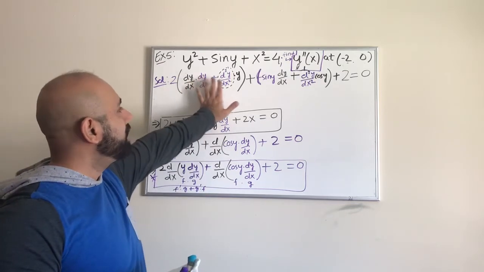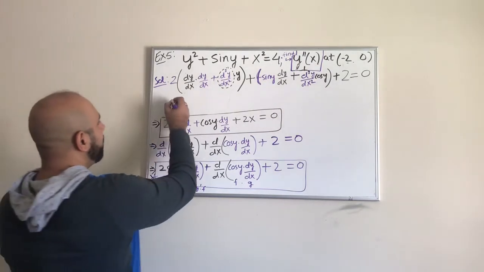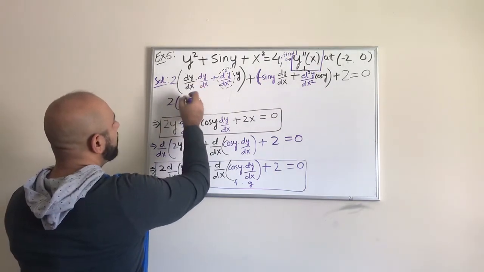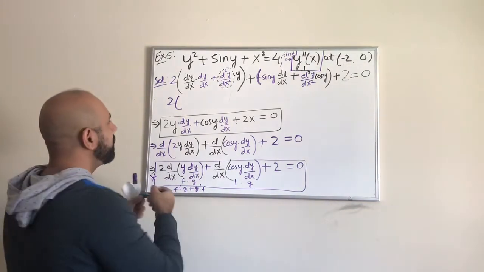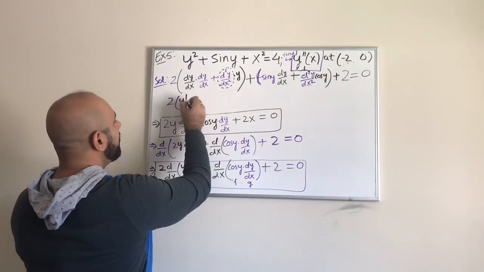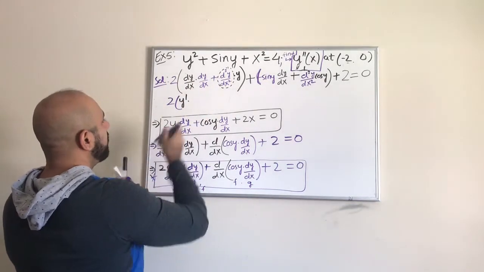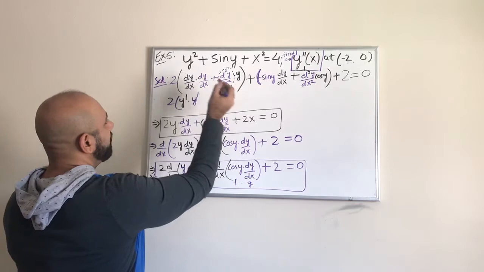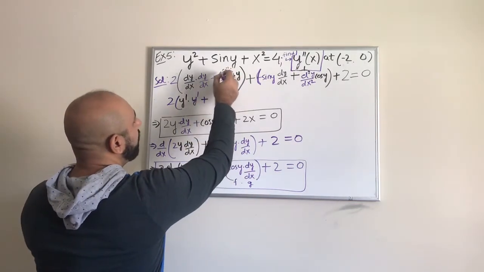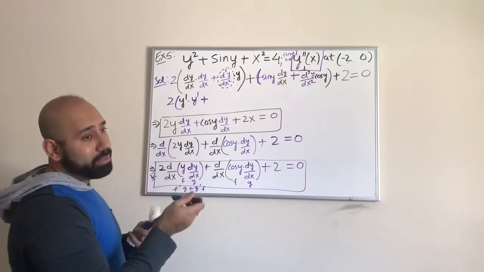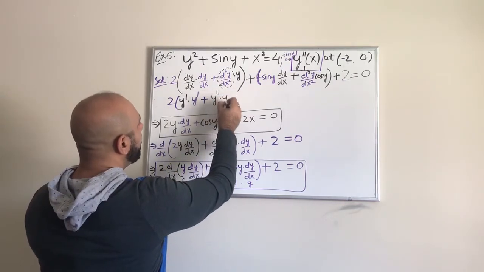Finally, when I get to this form, I would just do one thing. I will replace dy over dx by y prime, since we already know dy over dx is just y prime. So now I'm going to replace it with y prime times y prime, because it is just dy over dx times itself. And then, plus this guy we already know is nothing but y double prime, the second derivative of the y function. So y double prime times y.